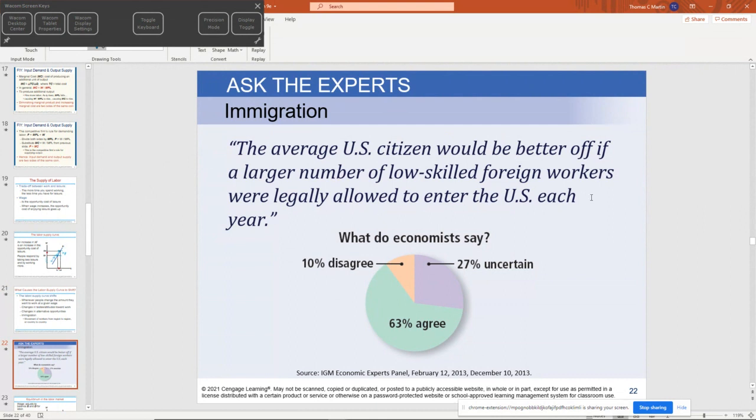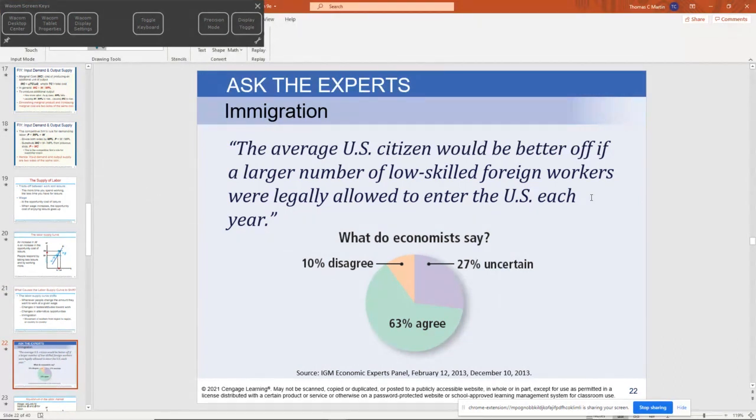Now, this is kind of a double-edged sword. You see that 63% of the economists agree, 10% disagree, and 27% uncertain. There's two ways you can look at this.